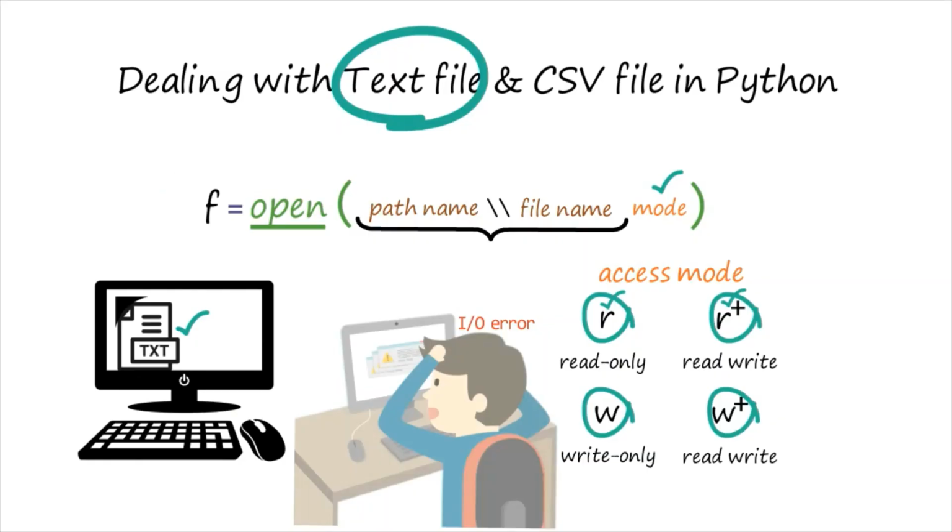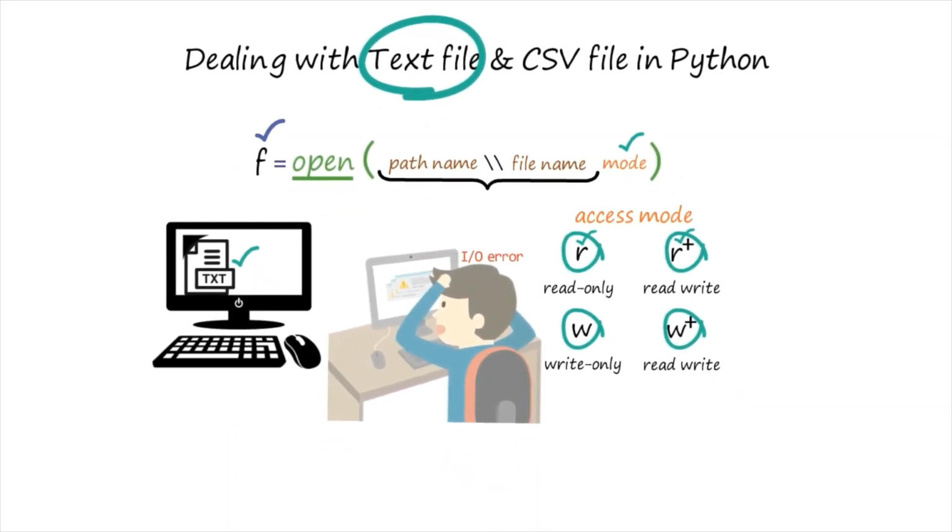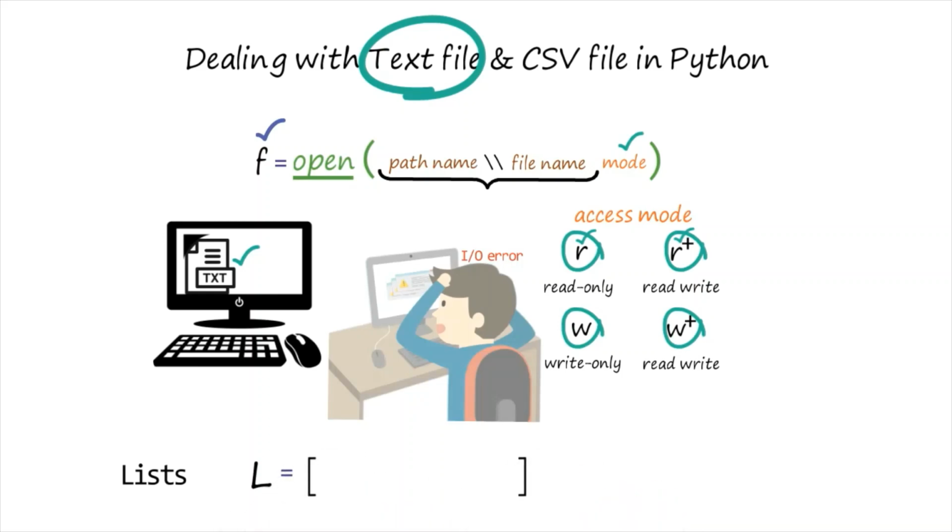The important point is, after creating a file, the next step is how to put content inside the file. In the previous class, you learned about lists. A list is a kind of data type in Python that can hold any kind of data: a string, say ABC, a number like 234, anything.